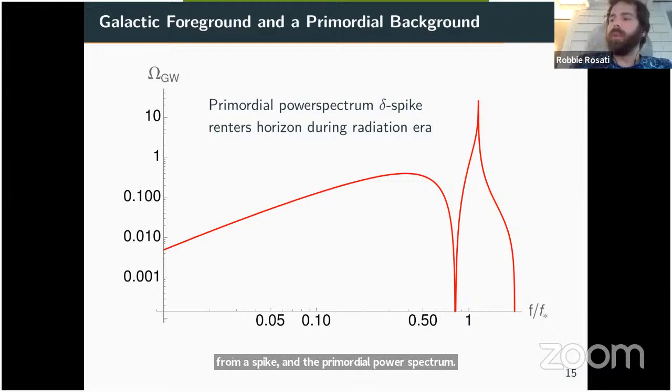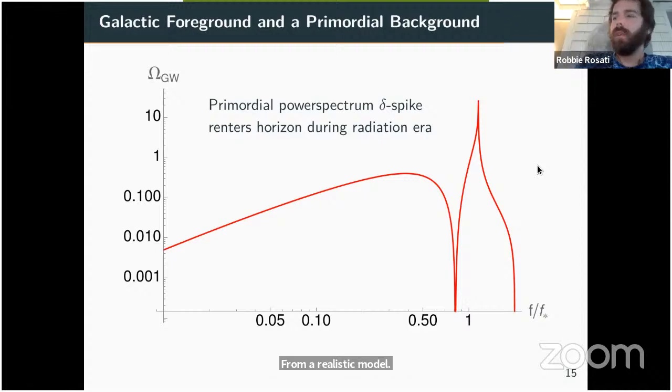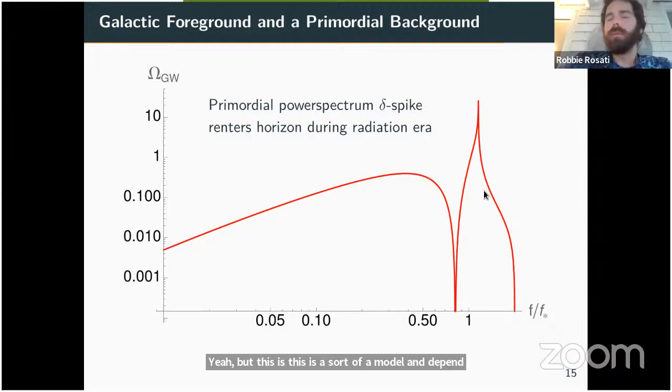So if you tried to form primordial black holes of just a fixed mass or have a very sharp feature in an inflationary model, this is the sort of signal you'd expect. It would be much smoother from a realistic model, but this is a sort of model independent rough shape of this type of physics.